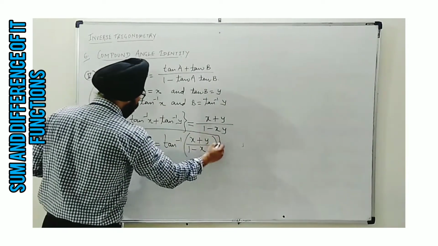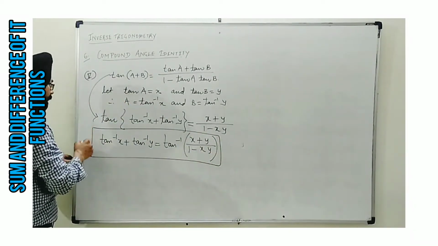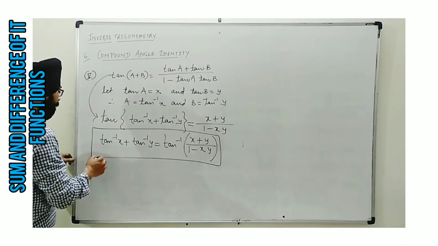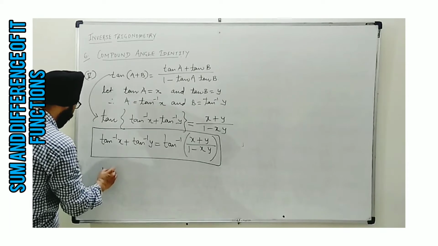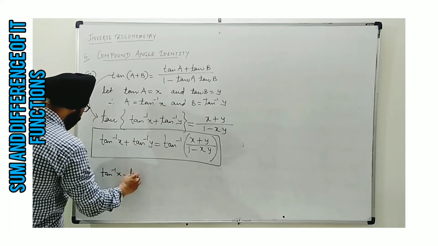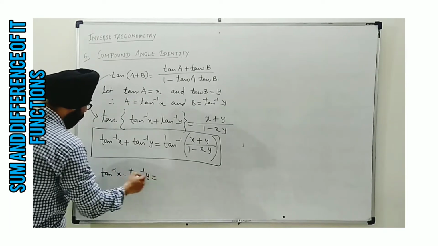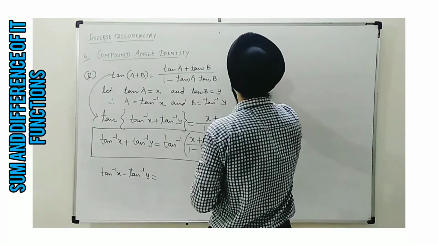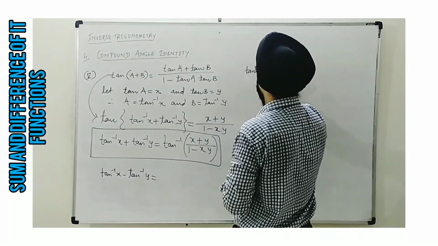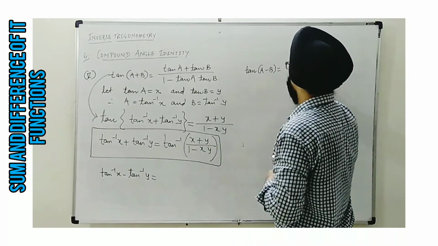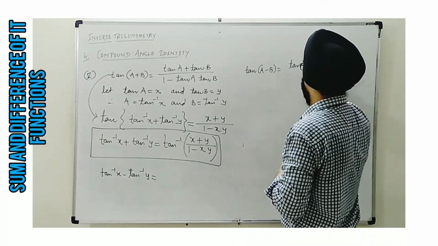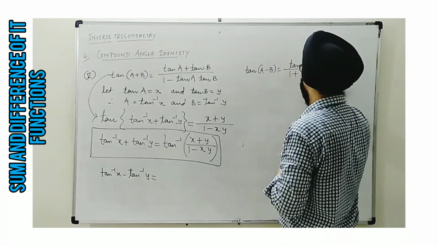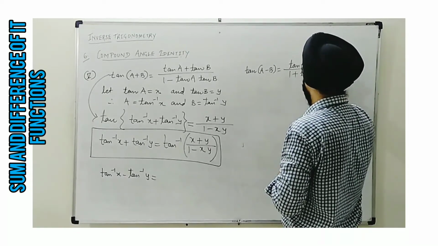And now for subtraction of a and b, as the sixth and last identity of this batch, obviously we have to take tan inverse x minus tan inverse y. For this purpose, once you see the normal identity of tan(a minus b), it is (tan a minus tan b) upon (1 plus tan a tan b).